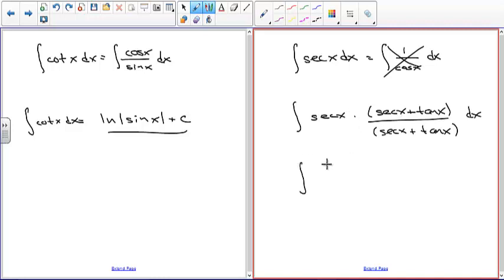If I multiply out the numerator, I'll get secant squared of x plus secant x tangent x. And the denominator is just the term I multiplied it by.